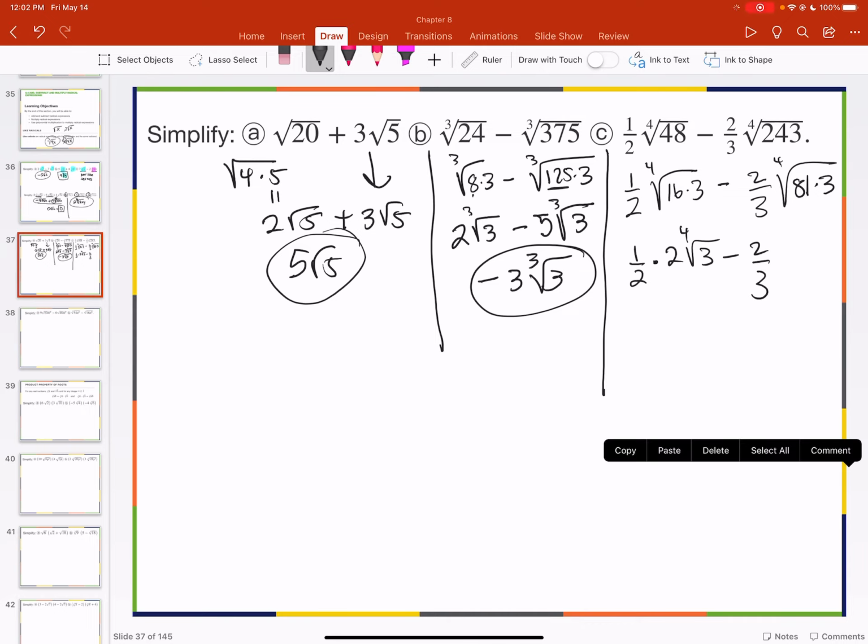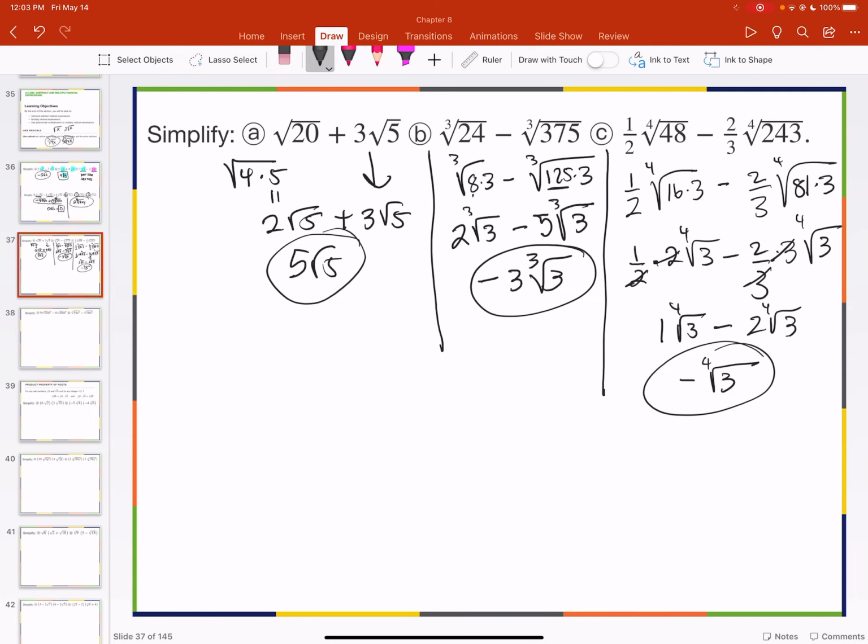Fourth root of 81 is 3, so 3 fourth root of 3. So that cancels, and you just get 1 fourth root of 3 minus 2 fourth root of 3. So then negative fourth root of 3.